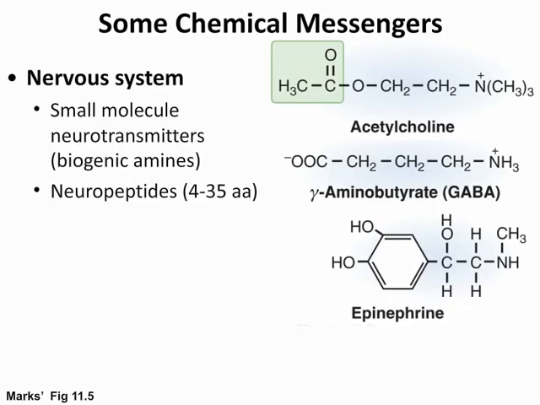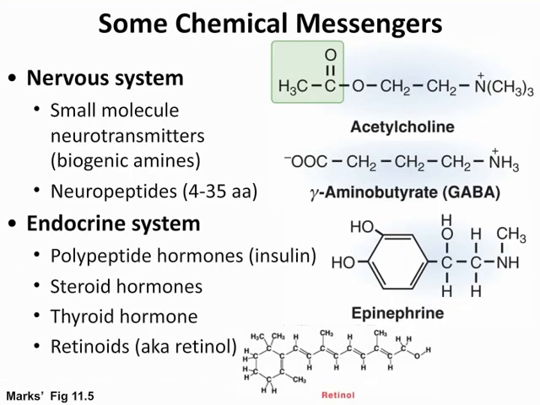Alright, so this slide shows you some typical chemical messengers in the body. So we have the nervous system, and really there's 2 types of messengers. So we have the small molecule neurotransmitters called biogenic amines, and then we also have something called neuropeptides. So those are examples of nervous system chemical messengers.